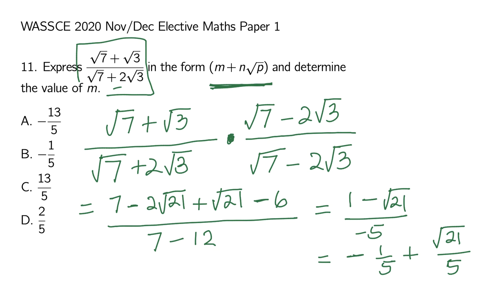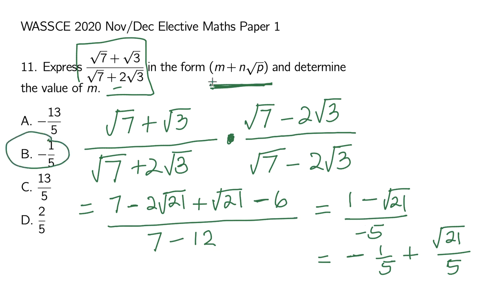That's what we get. So comparing this with m plus n root p, our m is minus 1 over 5, and our n root p is this square root of 21 over 5. So m is minus 1 over 5.